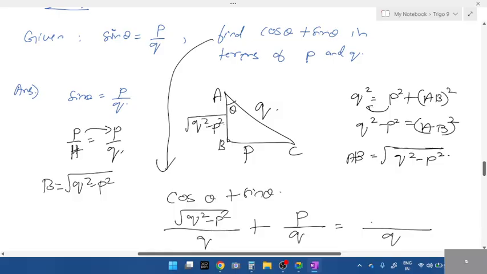Then square root of this one. I have to add the numerators, right? Numerator: square root of Q square minus P square plus P. This is the final answer. Make a note of this. Any doubts? Do you all have any doubts in this?